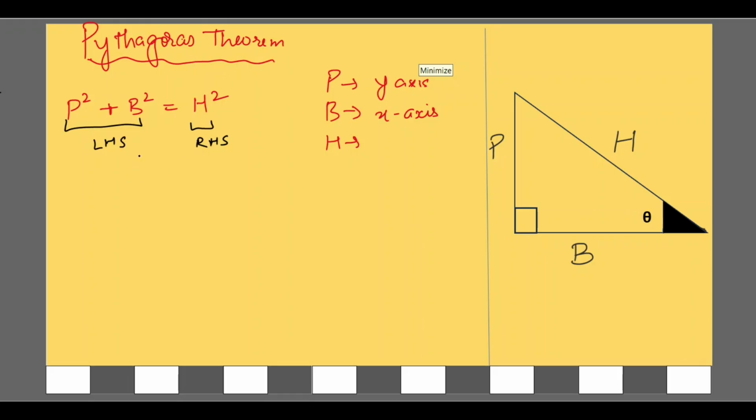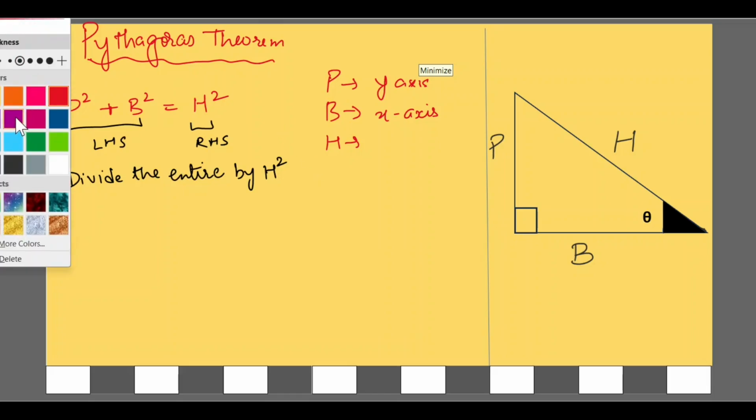To make this equation simpler, I'm going to do a small mathematical manipulation. I'm going to divide the entire equation, both the left and the right hand side, by h square. Let me give you an example.